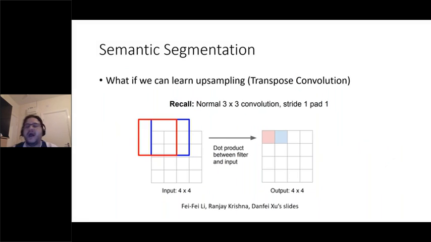There is another way that is more clever than max pooling, and what we call transpose convolution. Now the transpose convolution is a little bit, not really, but a little bit the reverse of the convolution. So the regular convolution is something like that.